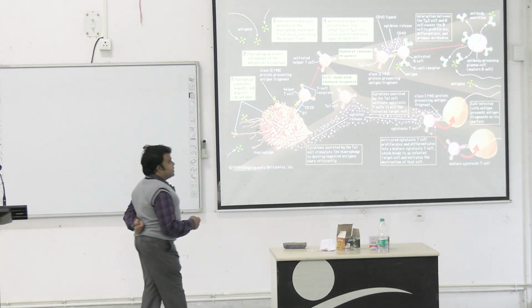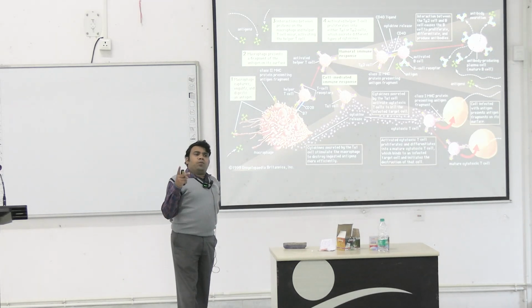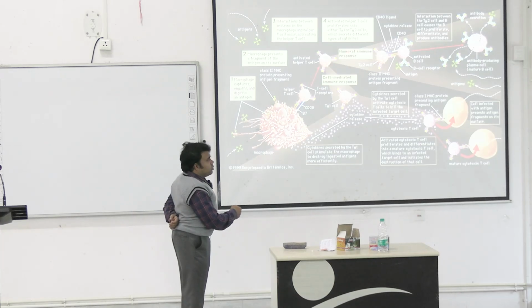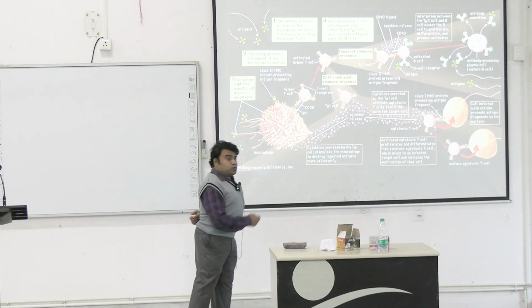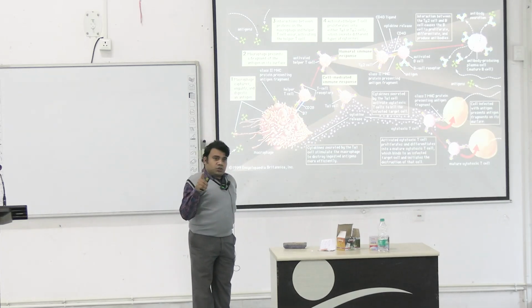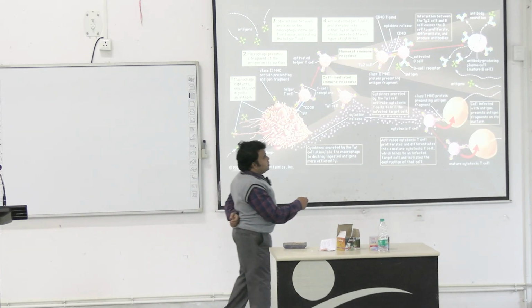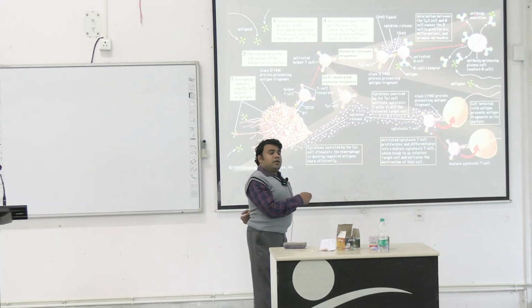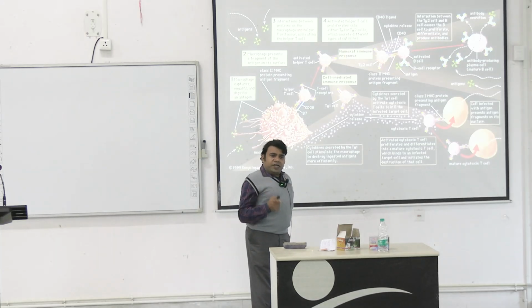When the helper T cells activate, we have a two-pronged outcome. The first is the humoral response. This helper T cell will then stimulate a B cell, and eventually an antibody specific to that antigen will be produced.